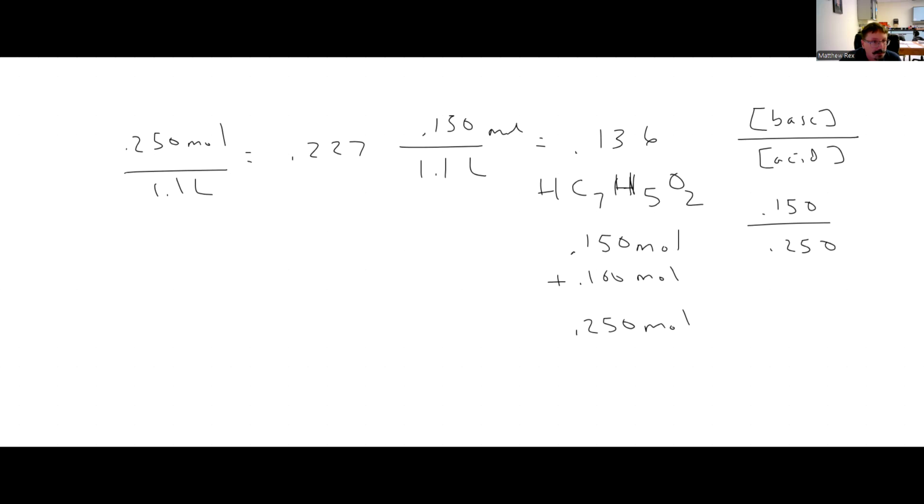So the pH is going to be equal to the pKa, which is the negative log of 6.5 times 10 to the negative 5. That should be 4.187 plus the log of the base over the acid.